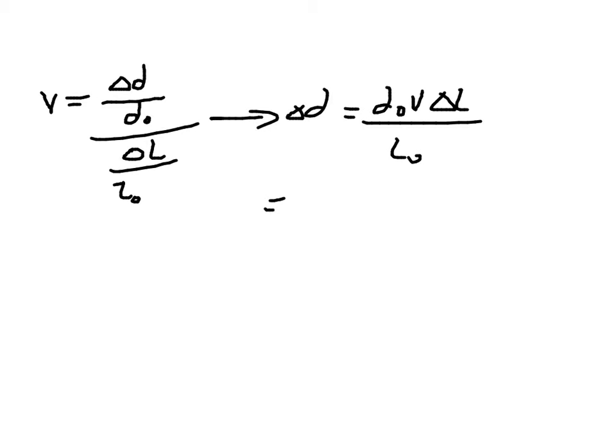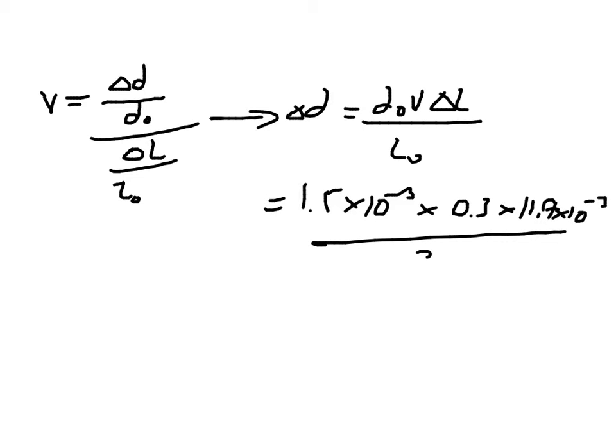Substituting our values, we're going to have 1.5 times 10 to the minus 3 times 0.3 times 11.9 times 10 to the minus 3 divided by the original 3 metres, which equals 1.79 times 10 to the minus 6 metres.